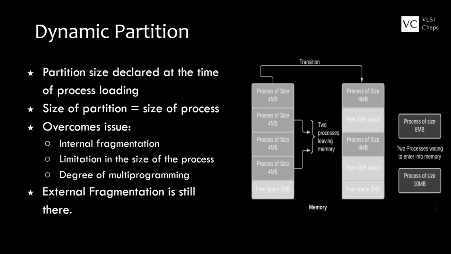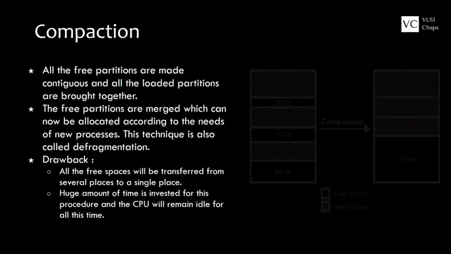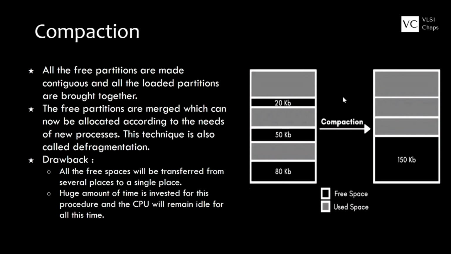We do have one solution to avoid external fragmentation, which is compaction. In compaction, whatever free blocks we have are merged and combined together into one free block, and all the used blocks are combined together and separated out.